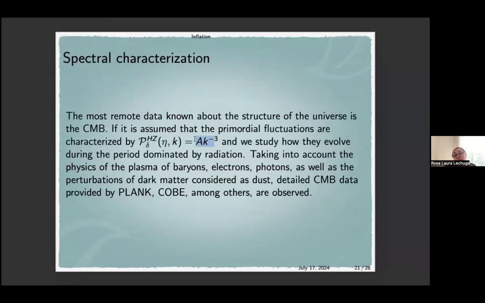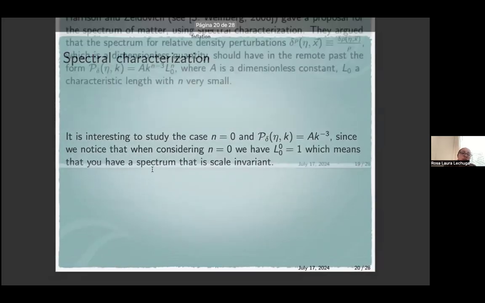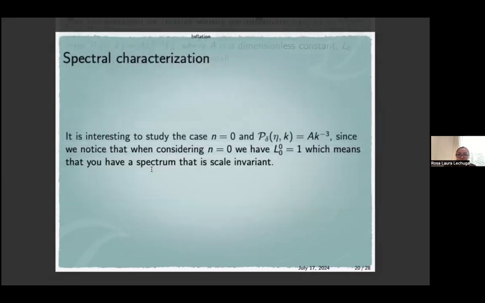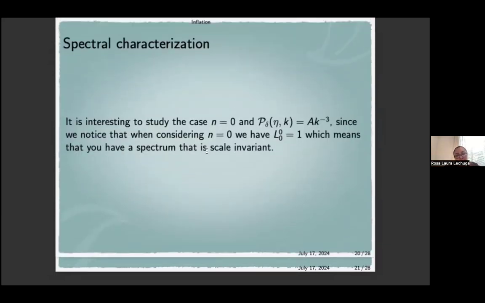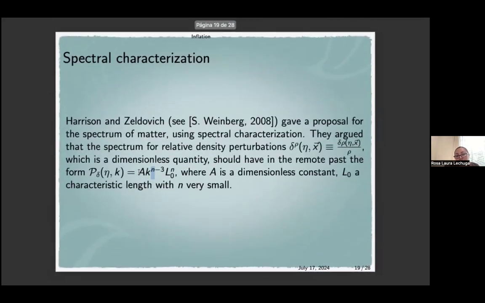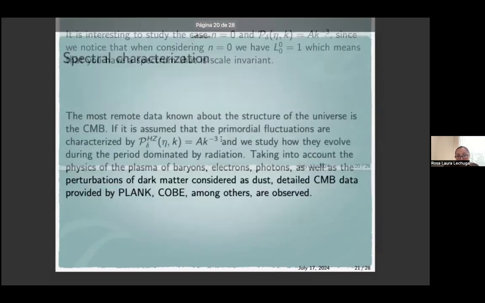And with this power law, they study the temperature, and what the causal connection is between the different points in the CMB and the whole sphere. If you want to be more precise, you need to take n close to 0, but not exactly 0, so you need this expression with n small, but it is almost similar to this.